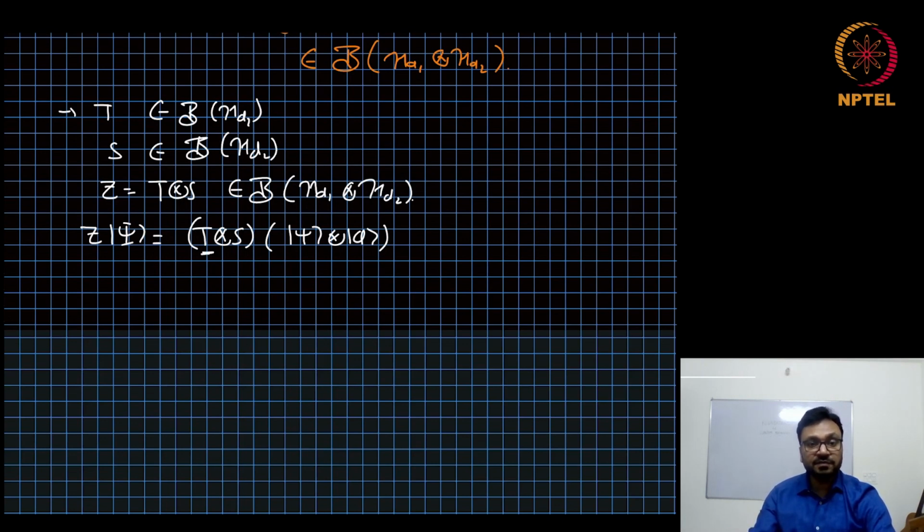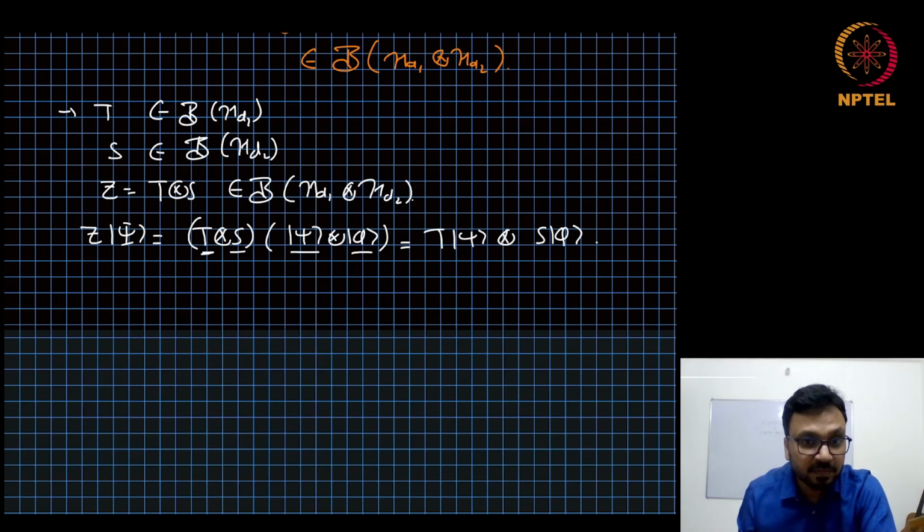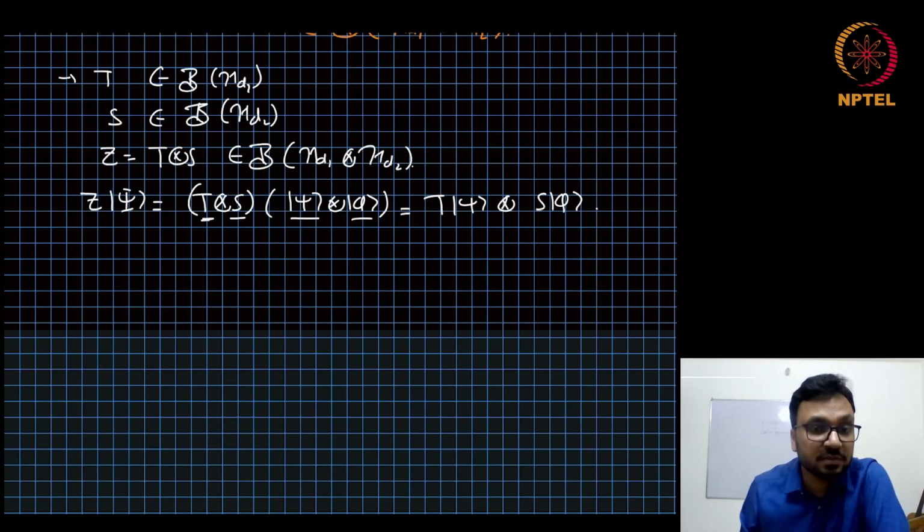The operator on subsystem A will act on the state of subsystem A, and the operator on subsystem B will act on the state of subsystem B. So it will be T psi tensor S phi. This is how the tensor product of operators acting on the tensor product state is defined.